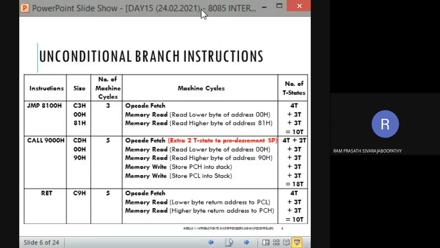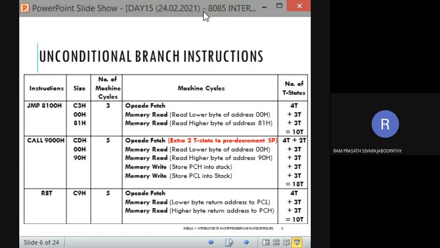What about in the case of call instruction? What is the difference between jump and call? Before getting into the address we mentioned, what will be done by the call instruction?